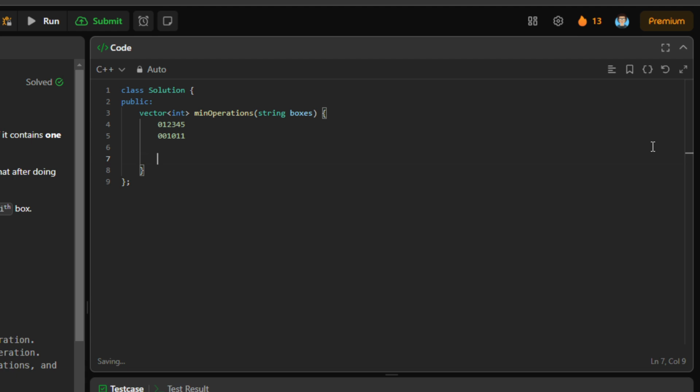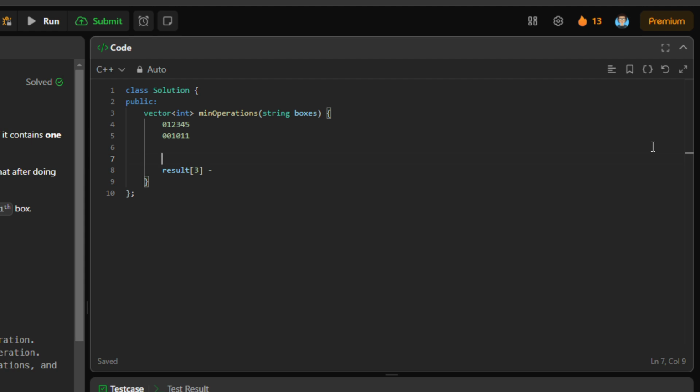So suppose we want to calculate the number of moves to move all the balls from other positions to position 3. The result of 3 says the number of moves required to move all the balls to position 3. So how will you do this?